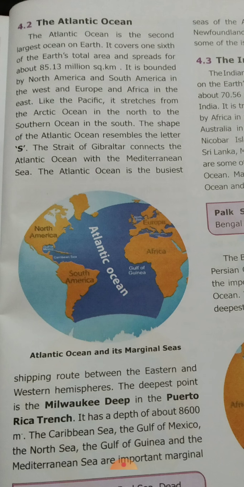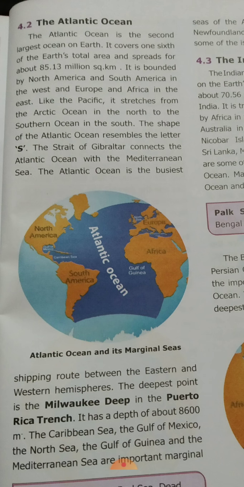Like the Pacific, it stretches from the Arctic Ocean in the north to the Southern Ocean in the south. The shape of the Atlantic Ocean resembles the letter S. Yes, see that map, it shows the letter S.